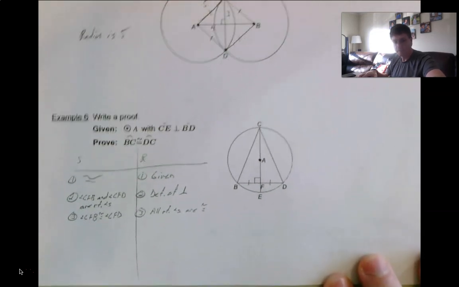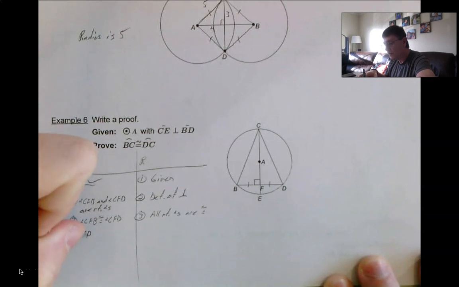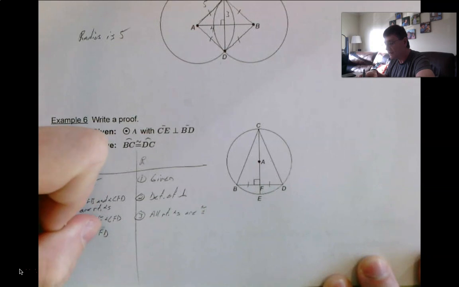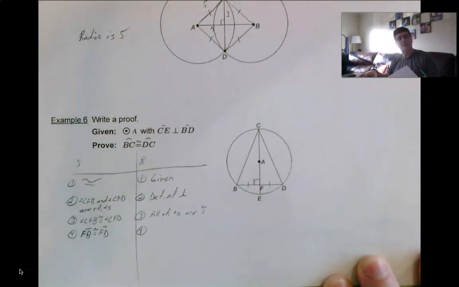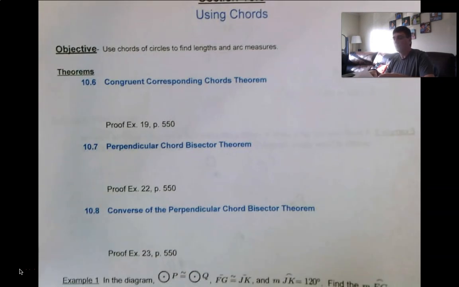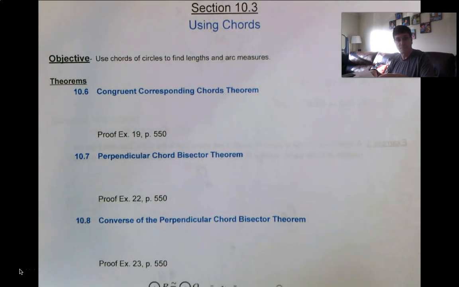Statement 4, FB is congruent to FD. That's our perpendicular chord bisectors theorem.